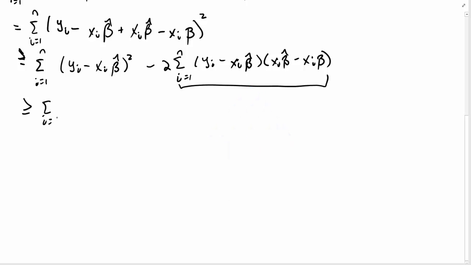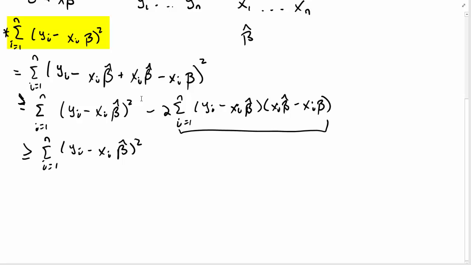If it's 0, I will get that my least squares criterion for any beta is larger than what I get when I plug in beta hat specifically. So beta hat would have to be the minimizer, because every other beta creates a least squares criterion at least as large or larger. So if we can make this term 0, then we've found our estimate.